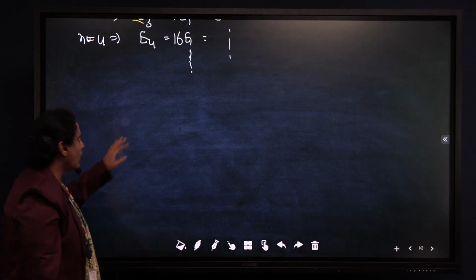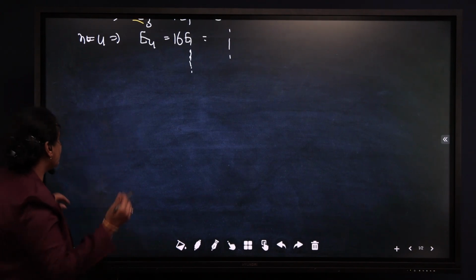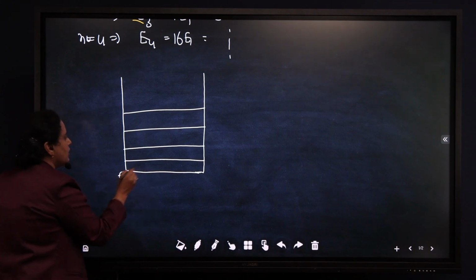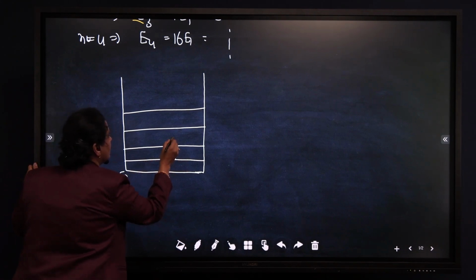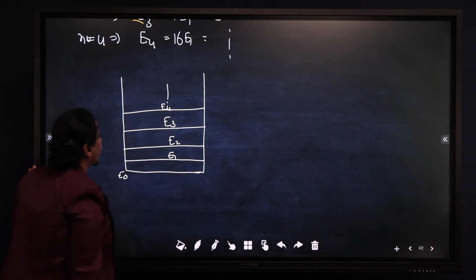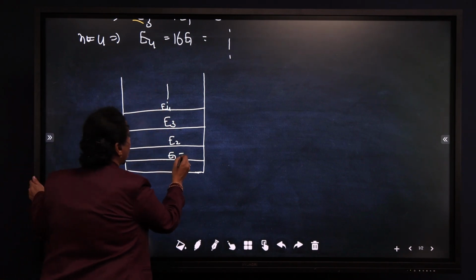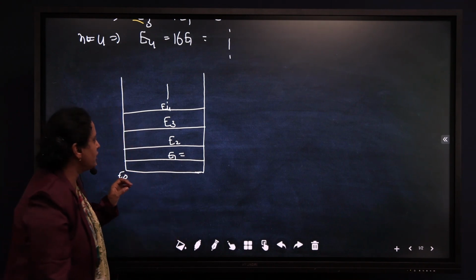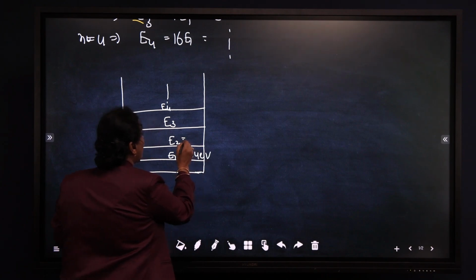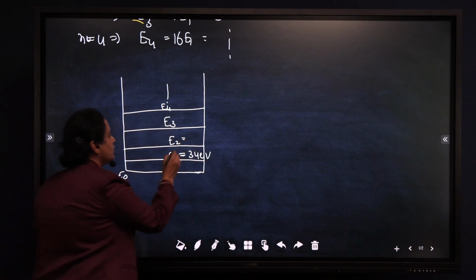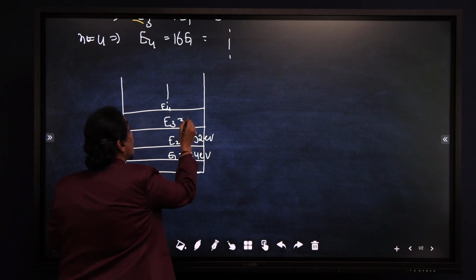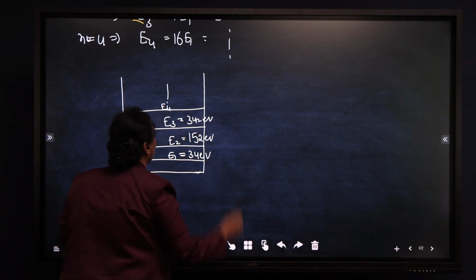Now let me draw how the energy levels are quantized: this is E0, this is E1, E2, E3, E4 and so on. In E1 the energy is 34 eV, in E2 it is 152 eV, and in E3 it is 342 and so on.